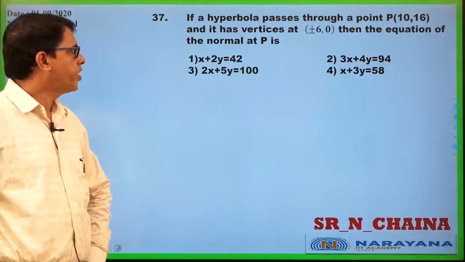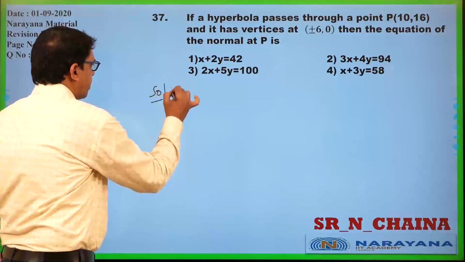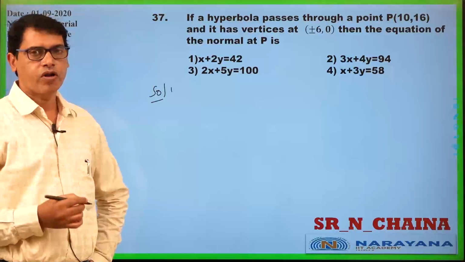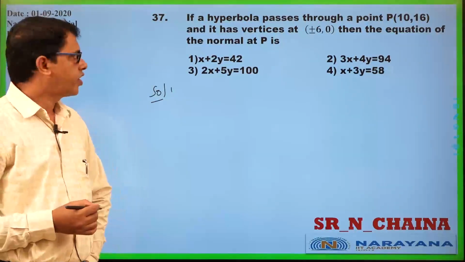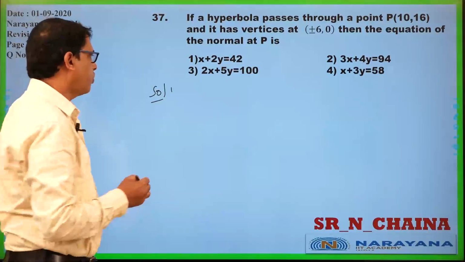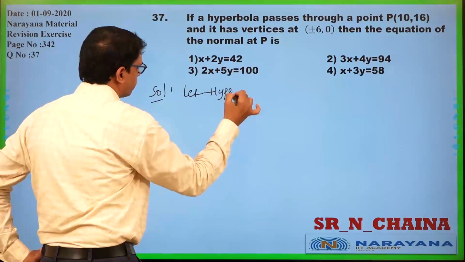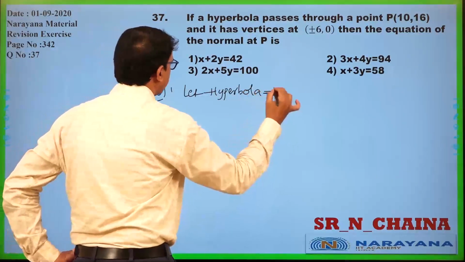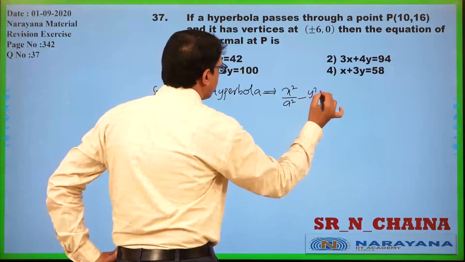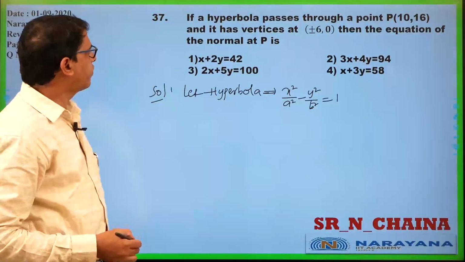First, let the hyperbola be x square upon a square minus y square upon b square equals 1. So, take the hyperbola in the standard form. Now, what is given?